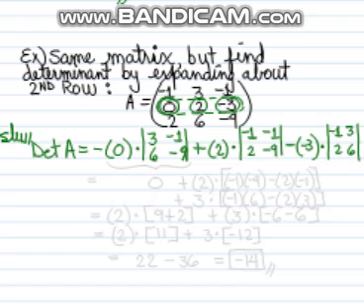Okay, so let's clean this up. Negative 0 is just 0. 0 times anything, this whole mess here is just 0. Plus 2 times, okay, now get ready, times the bracket. We're going to take the determinant of this little 2 by 2, so it's cross product minus cross product: negative 1 times negative 9 minus 2 times negative 1.